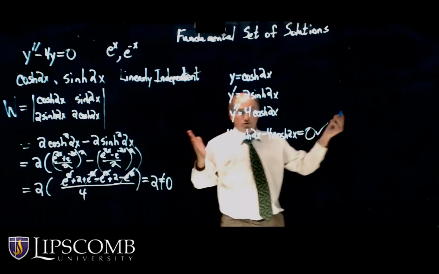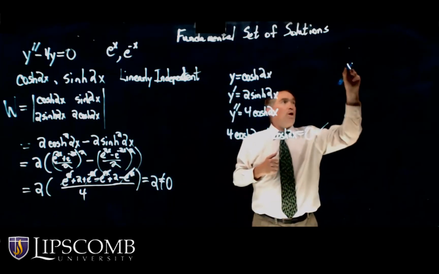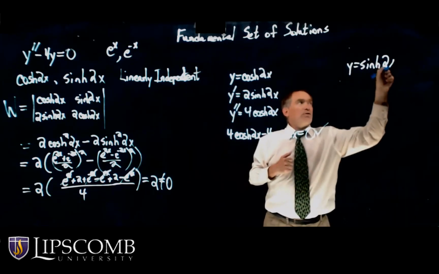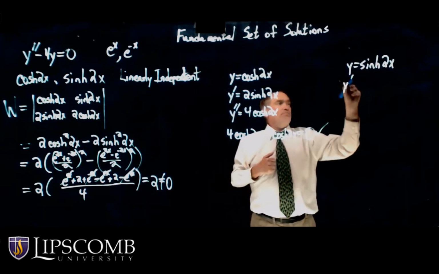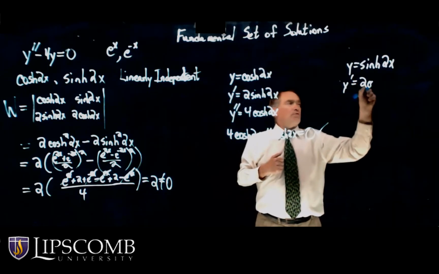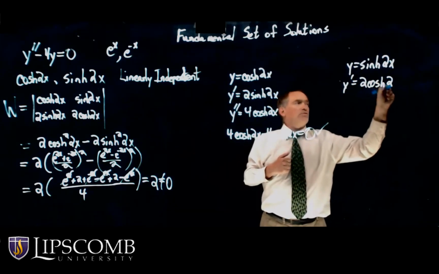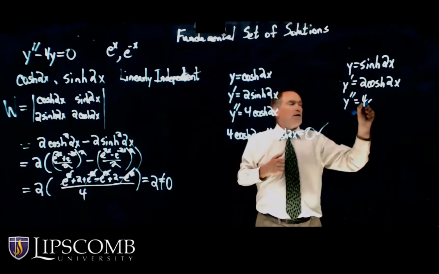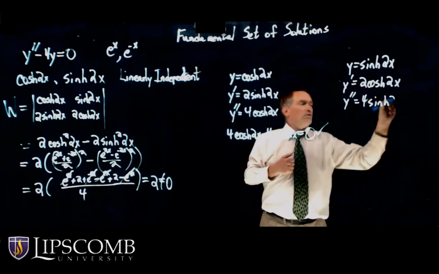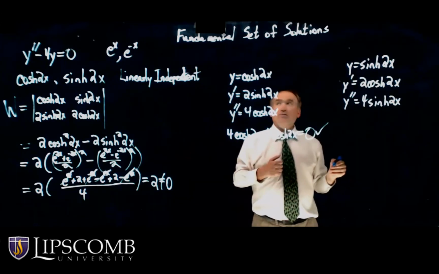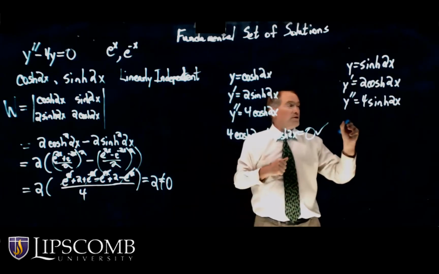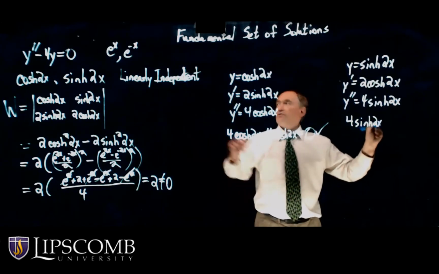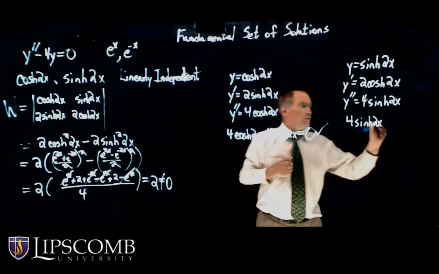Now let's do the same thing for y equals hyperbolic sine of 2x. So y prime would be 2 hyperbolic cosine of 2x. The second derivative would be 4 hyperbolic sine of 2x. Now I'm going to plug it in, so y double prime is 4 hyperbolic sine 2x minus 4 times y.